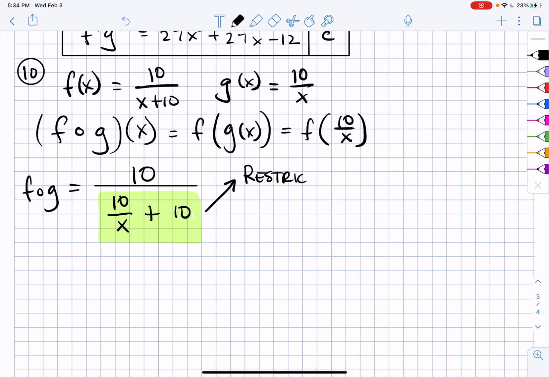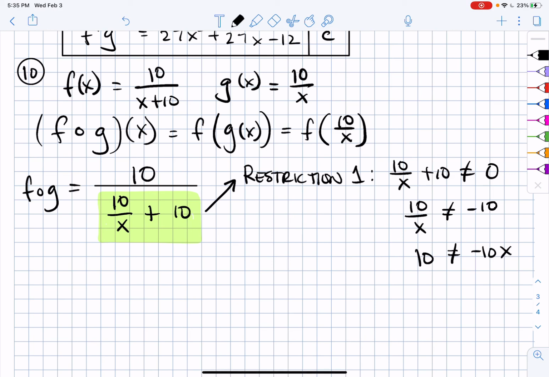Restriction 1: 10 over x plus 10 cannot equal 0. If I solve for this, I get 10 over x cannot equal negative 10. Then multiply both sides by x: 10 cannot equal negative 10x. Divide both sides by negative 10, so x cannot be negative 1. So there's one restriction right there.